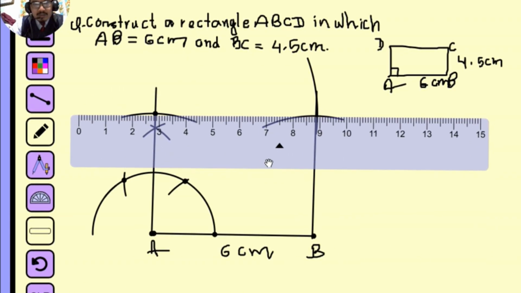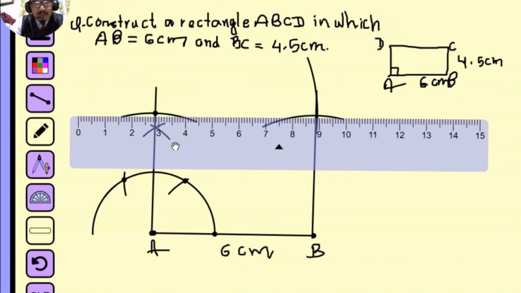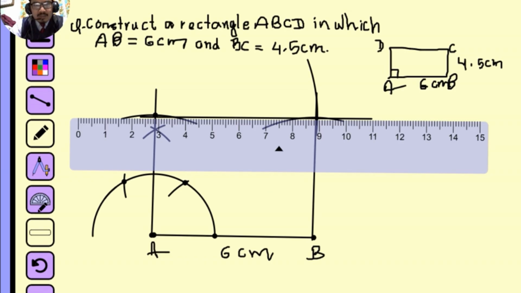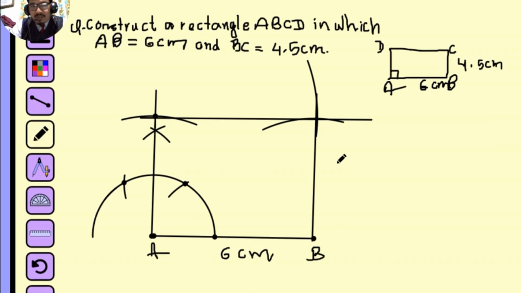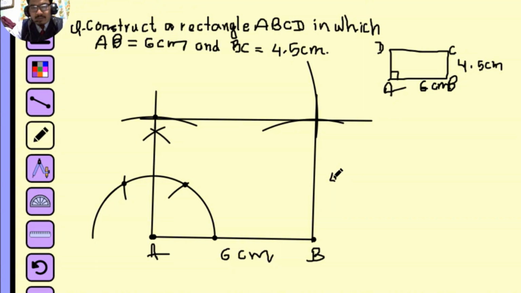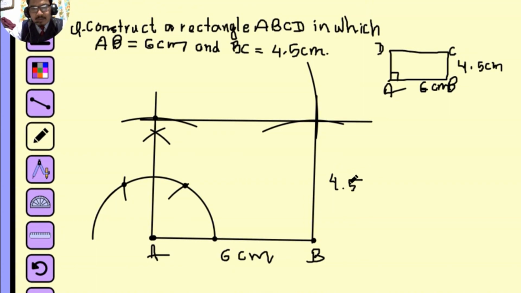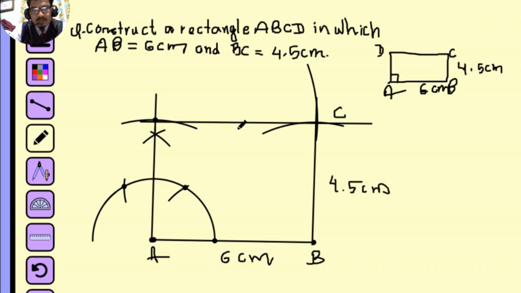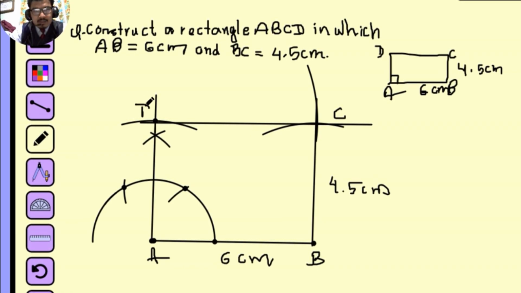Put the ruler straight and draw the line. And after that, look here, AB, then mention here this is 4.5 centimeter, and this is C, and this is D.